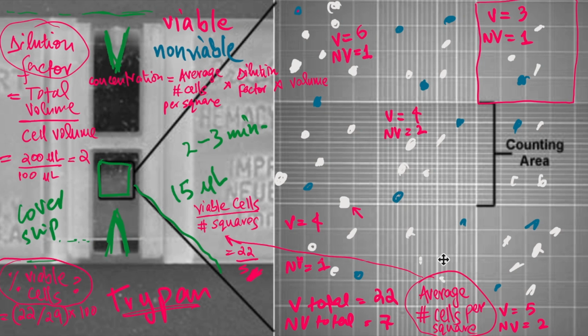And say the volume for each square was 10 to the power minus 4 microliters. Right, so if we go ahead and compute that, because this is just an example, I'm going to let you know that this volume is 10 to the minus 4.